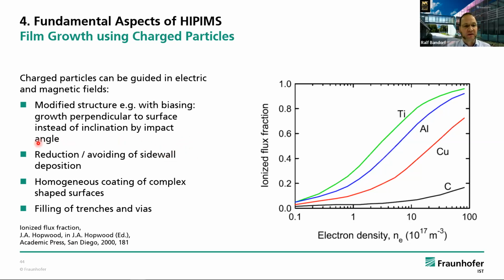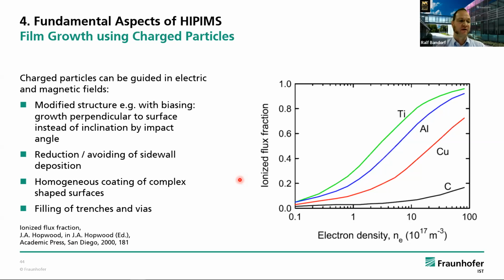You can guide them cleverly to reduce or avoid sidewall deposition. You get a more conformal coating even for complex shaped surfaces, or even if you're facing a surface which is perpendicular to your target, you still can grow, if the ionization is high enough, a film perpendicular to your substrate, even though it's 90 degrees towards your target.